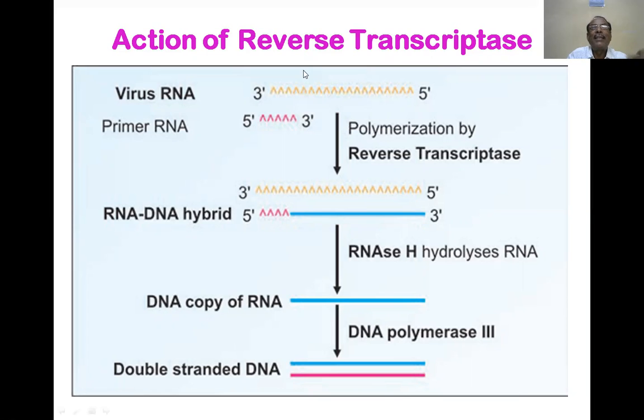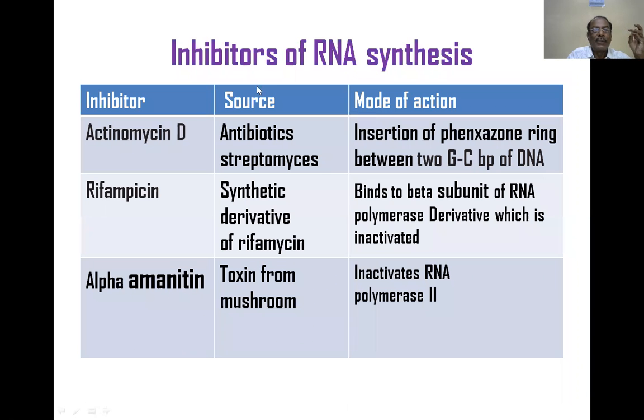That's why the enzyme doing reverse transcription is called reverse transcriptase. Mainly viruses have it, one is the HIV virus, another one is the coronavirus. So from RNA, DNA is synthesized. This is reverse transcriptase.